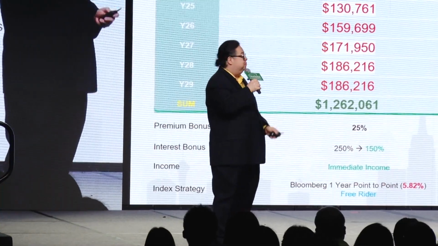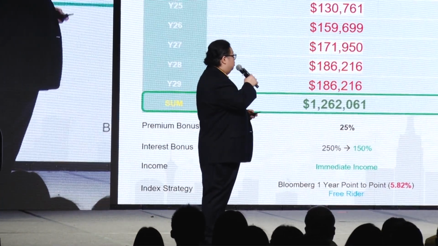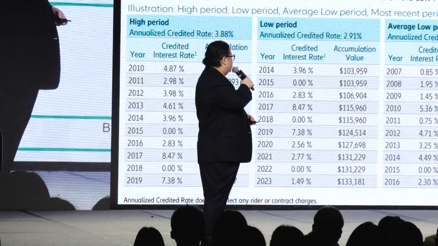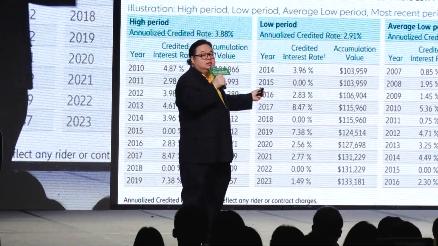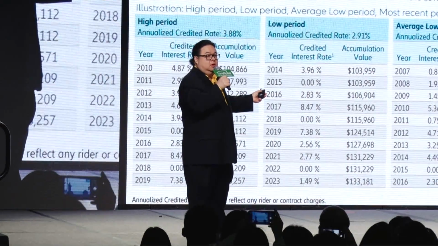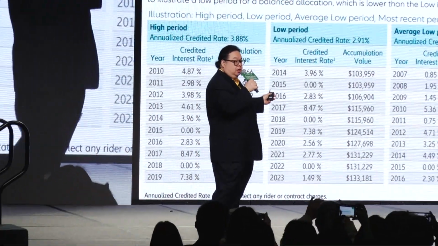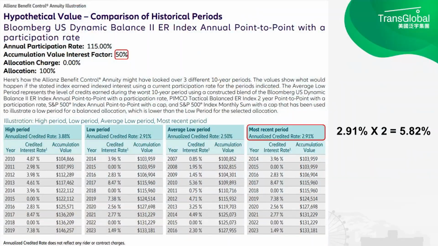Okay, right now, if you want to do a fair comparison, this is the Allianz illustration on their return page. So remember, before the income starts, Allianz ABC gives you 50% of your index return. So that shows 50% right there.